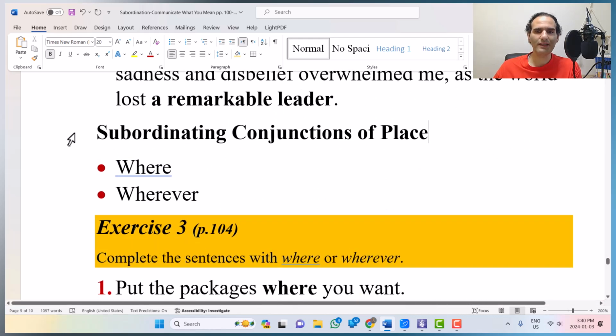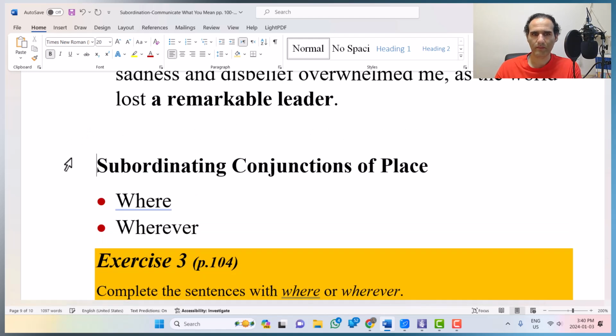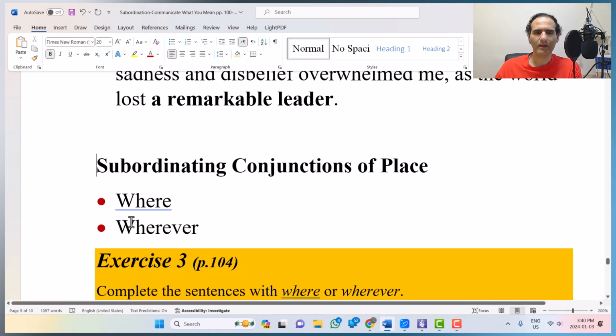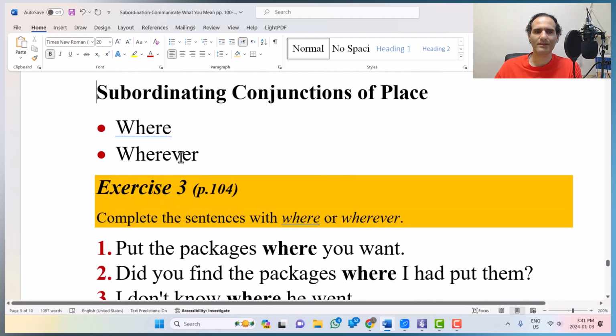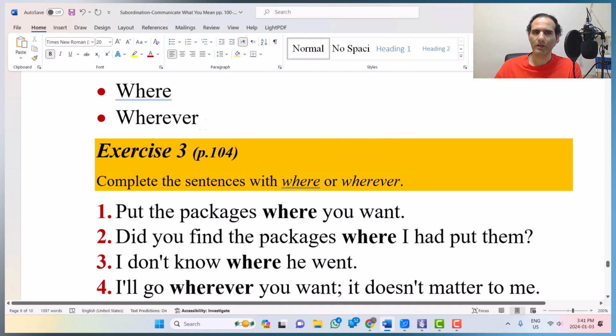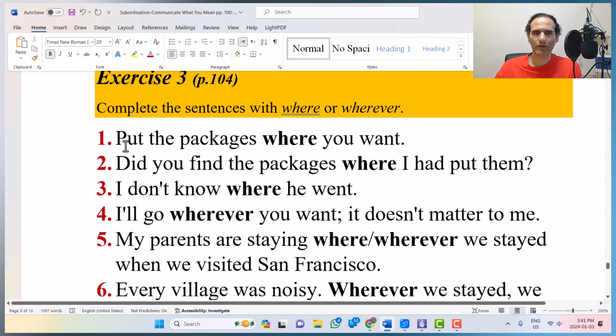Now, subordinating conjunctions of place, which are not very difficult. What are they? Where and wherever, which means any place that. Because they are not very difficult, I'm just going for the exercise. Exercise 3.104, completed sentences.